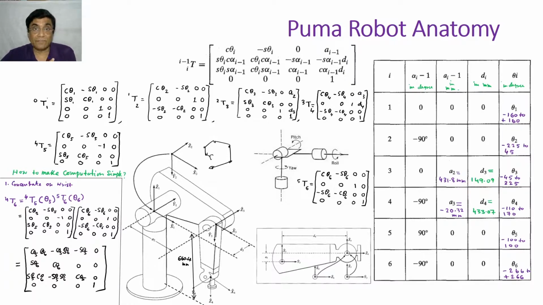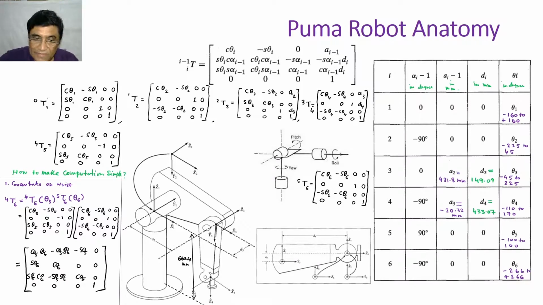You can do that, but there will be no guarantee that you will be able to solve it analytically. A closed form inverse kinematic solution will not be guaranteed. But Piper showed that if any three successive joint axes intersect at a point, then a closed form inverse kinematic solution will be guaranteed.